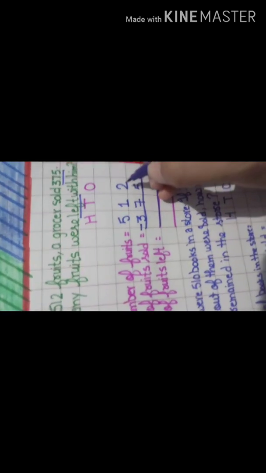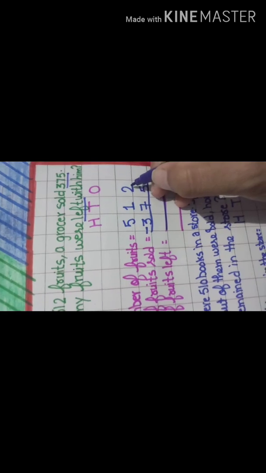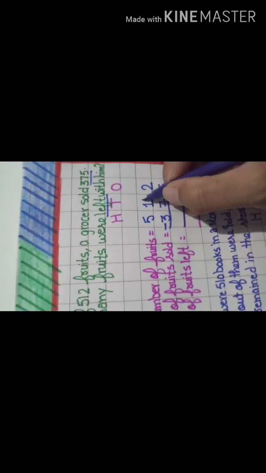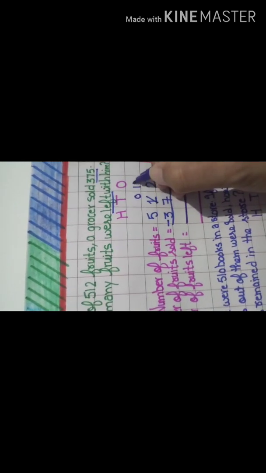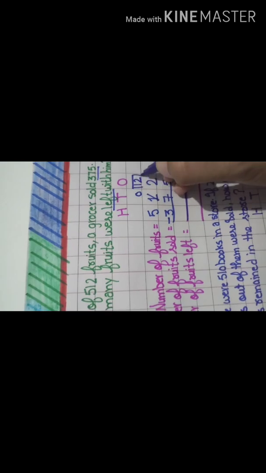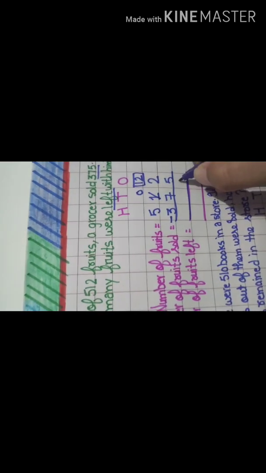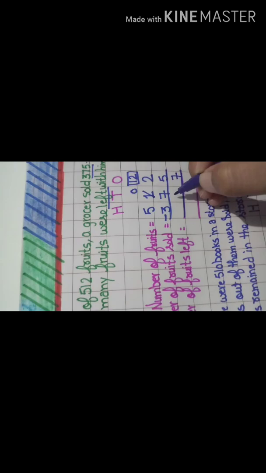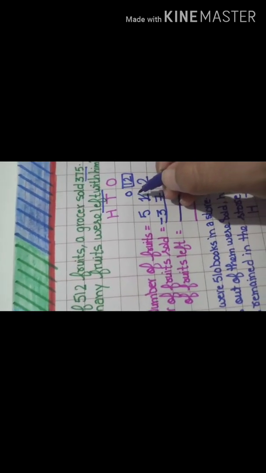See, 2 and 5. We have to subtract 5 from 2. Can you? No. Then what will we do? We will borrow. Here it will become 0. And now here it is 12. Now we can subtract 5 from 12 easily. So 12 minus 5 is 7. Now here is 0 and here is 7. We cannot subtract 7 from 0. So what will we do?